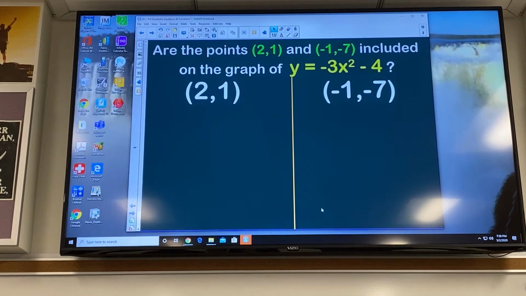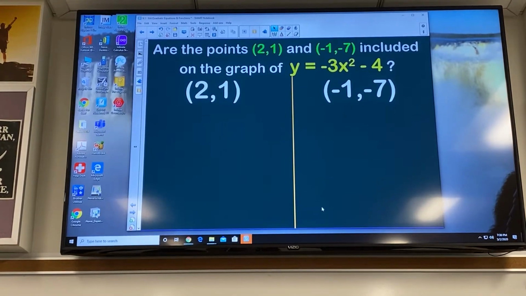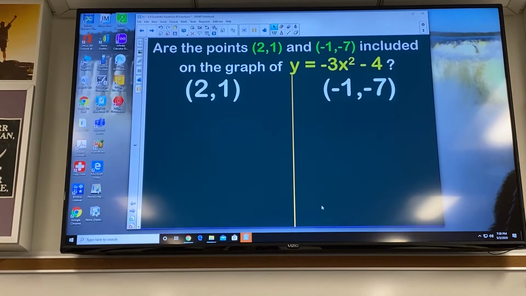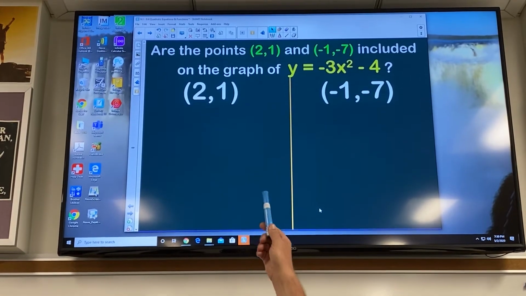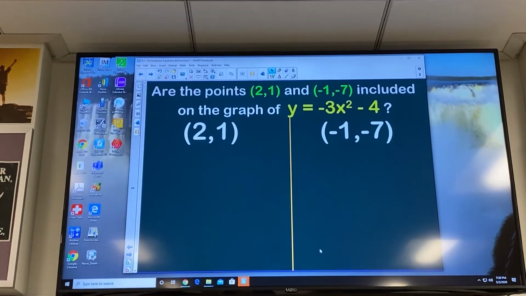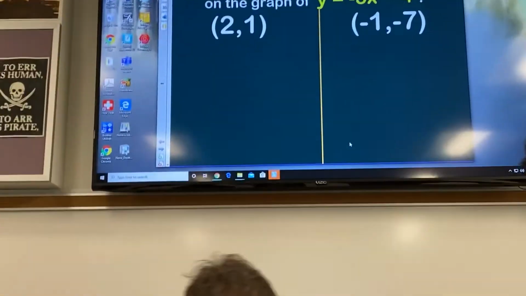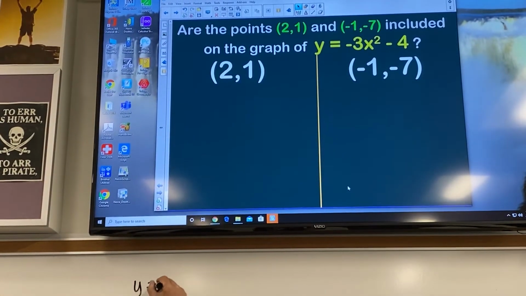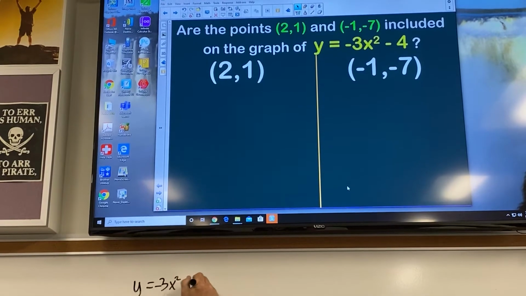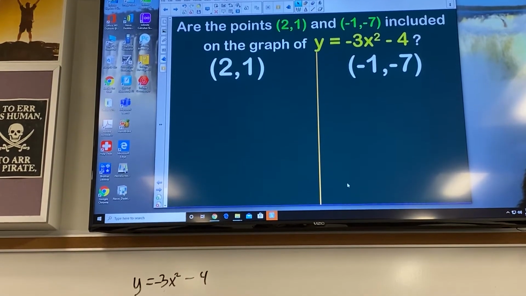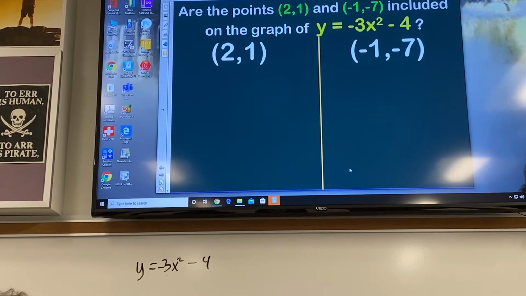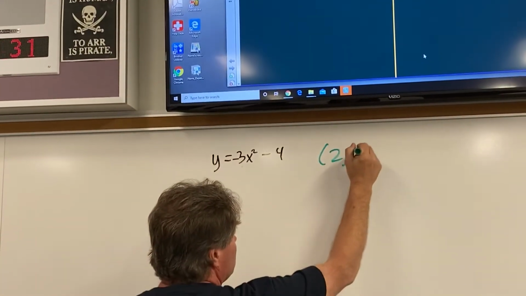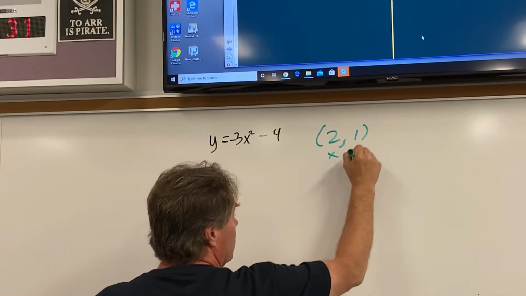So for instance, if I want to check the point (2, 1), like they have for the first question, I want to know if it's on that graph. I go to the graph, which is y equals -3x squared minus 4, and the point (2, 1) refers to x coordinate 2, y coordinate 1.